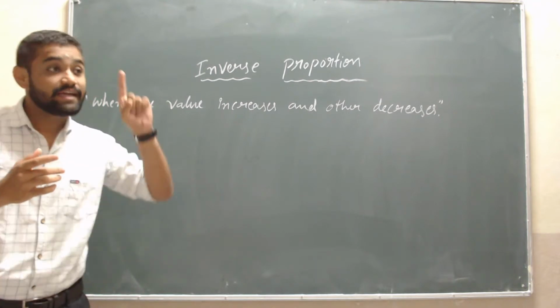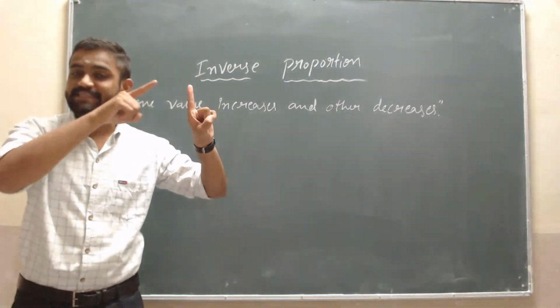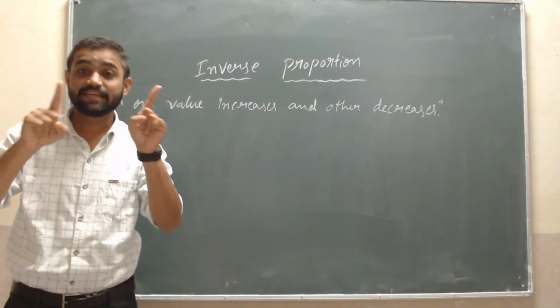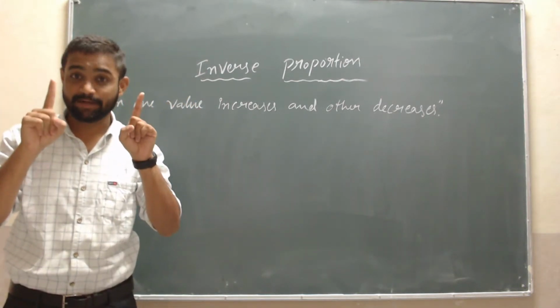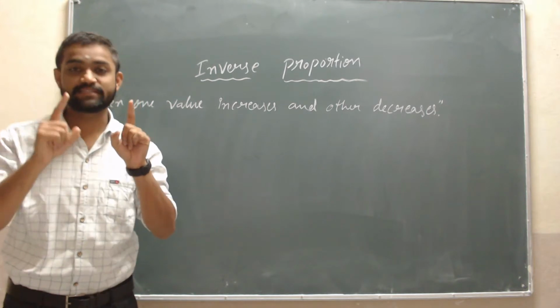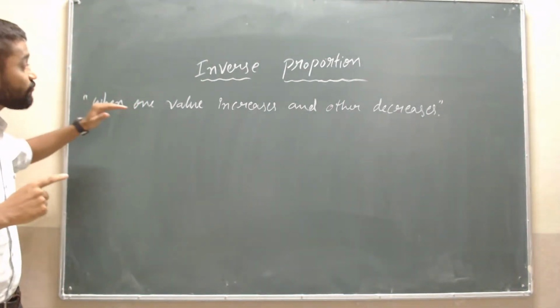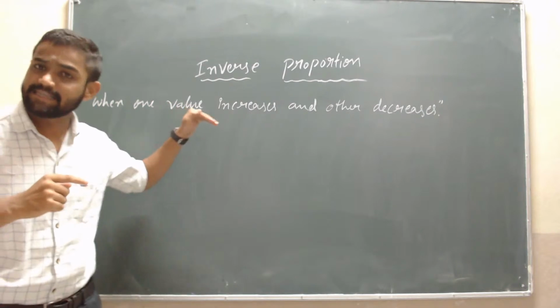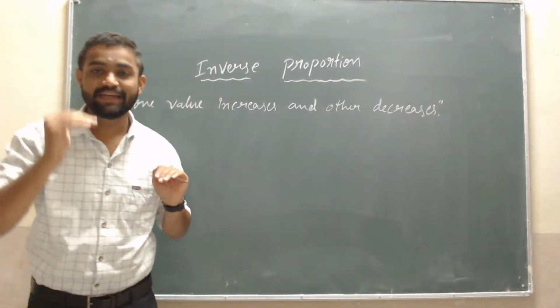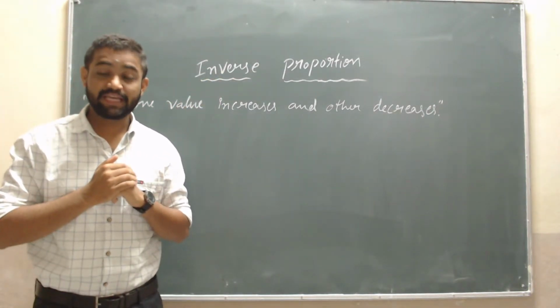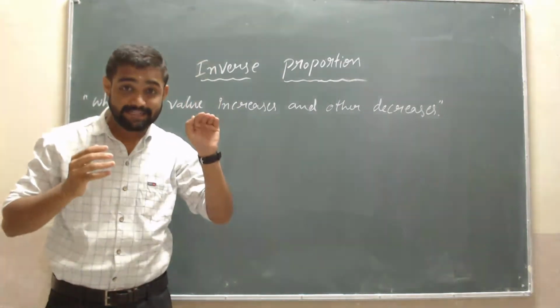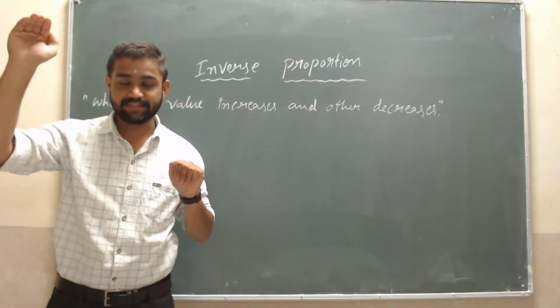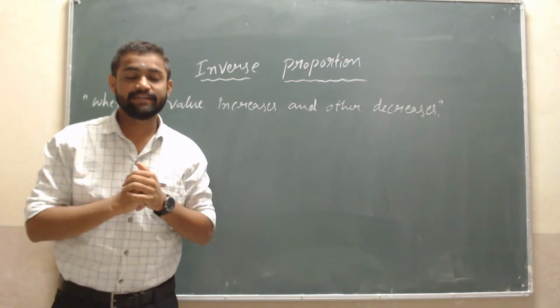If one quantity changes with the other quantity, they both depend on each other. But here, when one quantity increases, the other quantity decreases, and if one quantity decreases, the other increases.